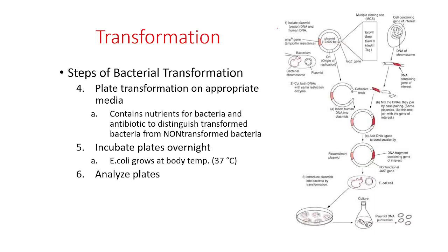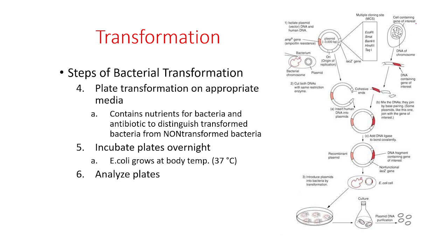So in the first step we have said that isolating your plasmid or your vector DNA and the human DNA. Okay, now this plasmid has the ampicillin resistance, origin of replication, the multiple cloning sites, and your lacZ gene. After that you cut the DNA with the same restriction enzyme, and it forms the sticky ends.